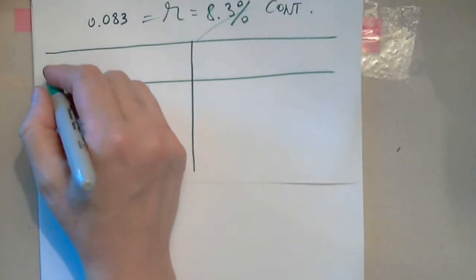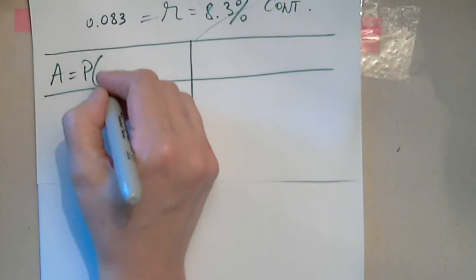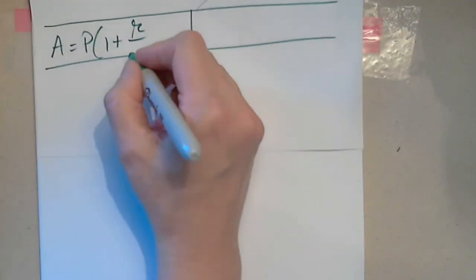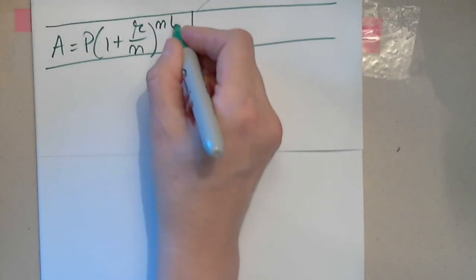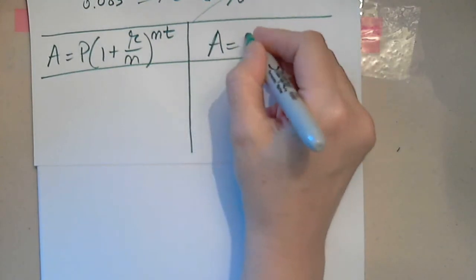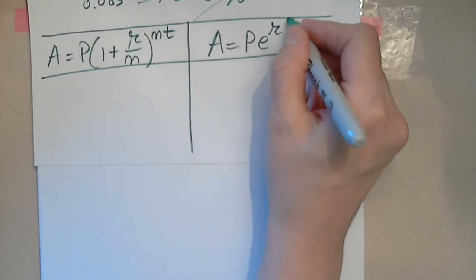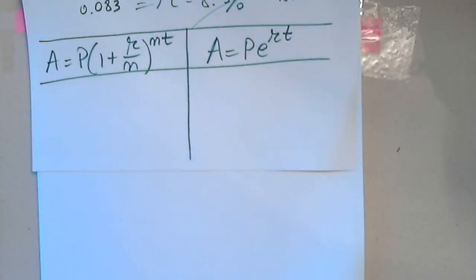We have to perform two calculations. One with the formula A equals P(1 + r/n)^(nt), and the other one with the formula Pe^(rt), and then compare and see which one is better for us.